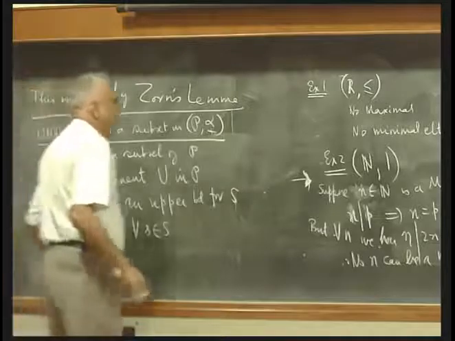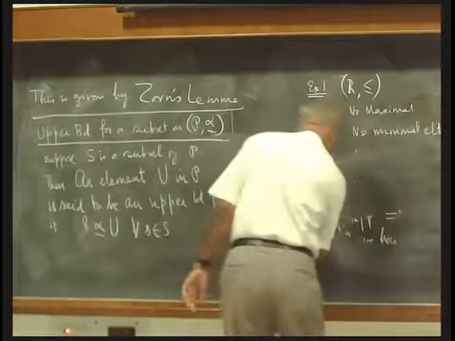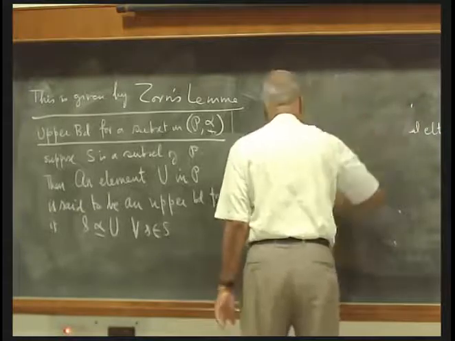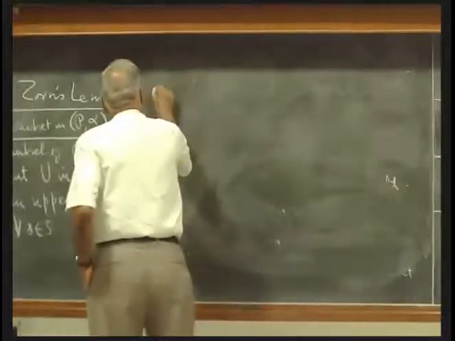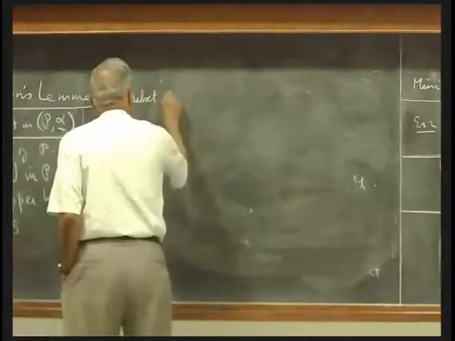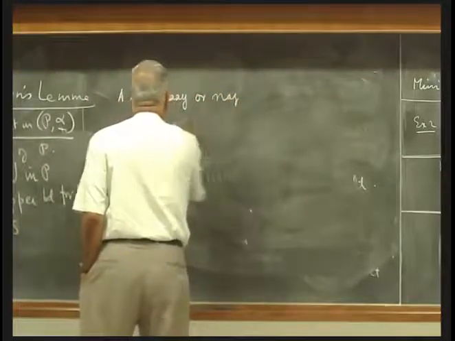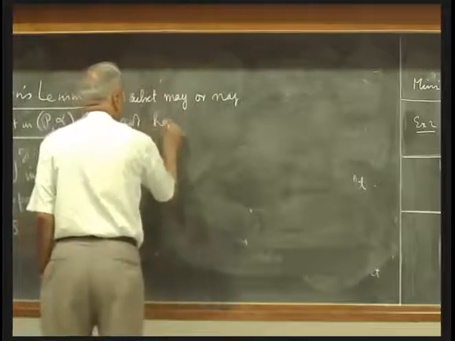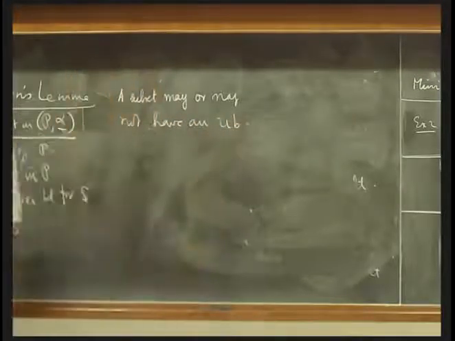Every element of S comes below. Then U is called an upper bound. I will make a remark: a subset may or may not have an upper bound.